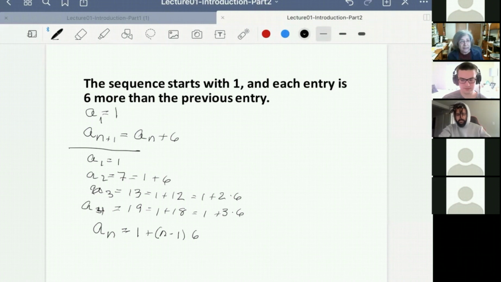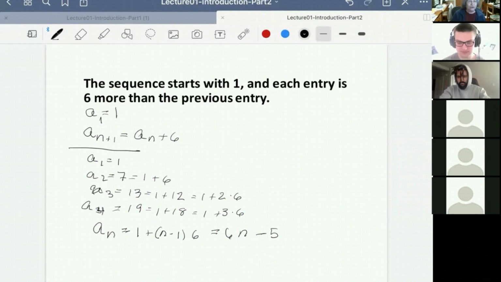You can also say, as you said, that's equal to 6n minus 5. Either form is fine. Whichever one works for you is good. They're both correct. Okay, gotcha. Thank you.